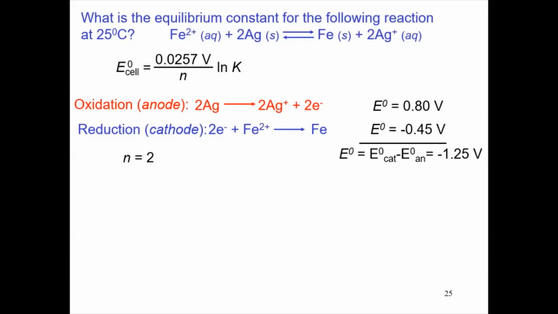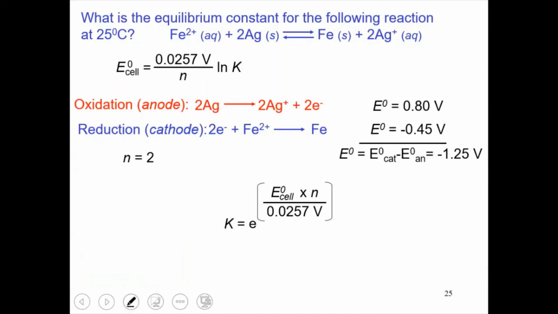So let's take our equation that we have up there and let's rearrange it. K should be e to the potential times N divided by 0.0257 per volts. Just in case you got a little confused there, all I did was take this equation that we have here and rearrange it so that I can put the numbers in.